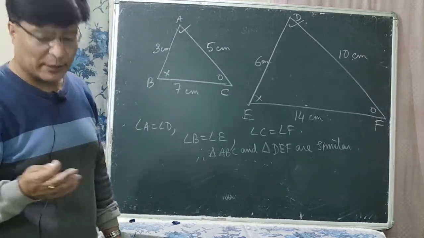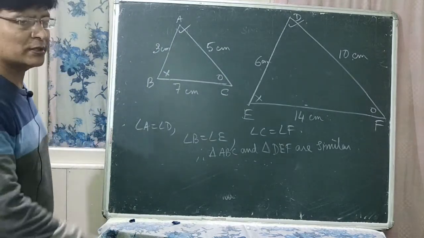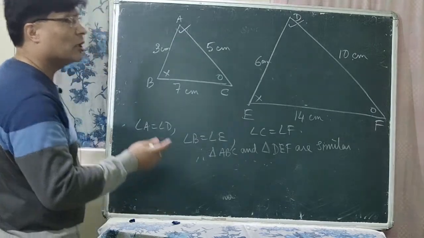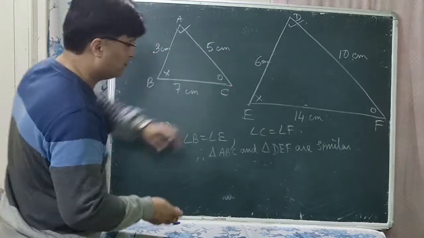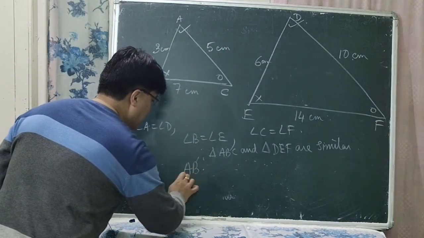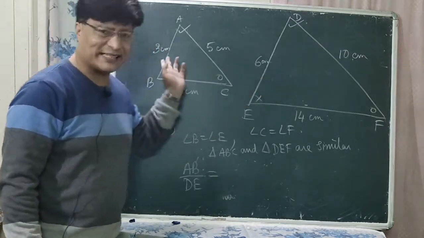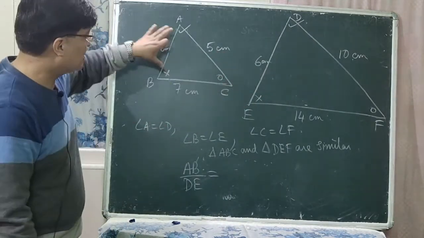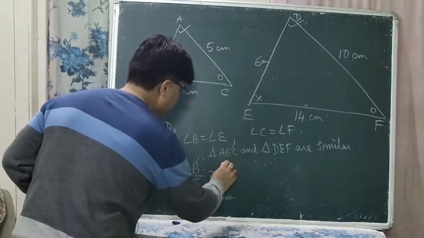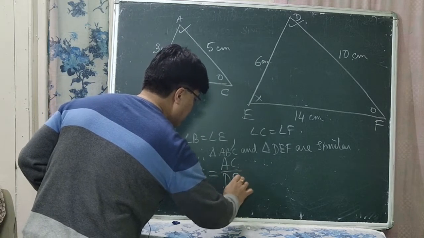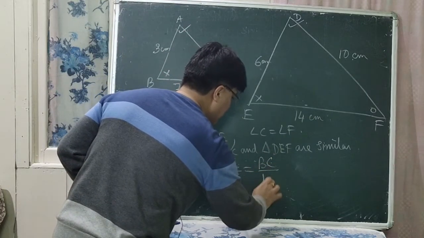So if they are similar, their corresponding sides are proportional. Proportional means you have to write the sides in terms of ratio. That means AB divided by DE is equal to, these are the two corresponding sides of these two triangles, AB divided by DE is equal to AC divided by DF, which is equal to BC divided by EF.